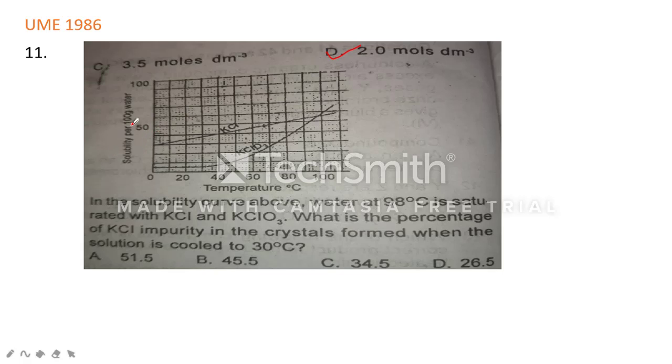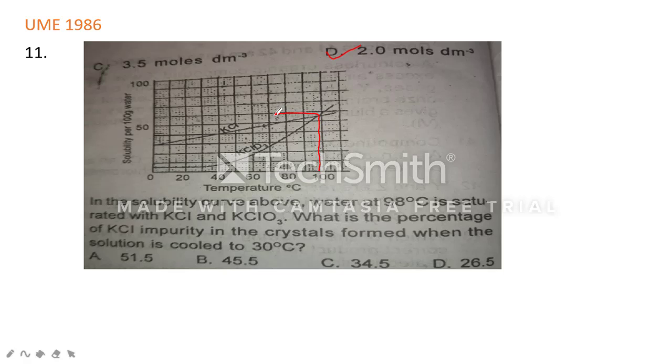So UME 1986, question number 11. We're told in the solubility curve above, water at 98 degrees Celsius is saturated with potassium chloride and potassium chlorate. What is the percentage of potassium chloride impurity in the crystal formed when the solution is cooled to 30 degrees Celsius? Now, 98 degrees Celsius should be somewhere around here, where the two curves meet.